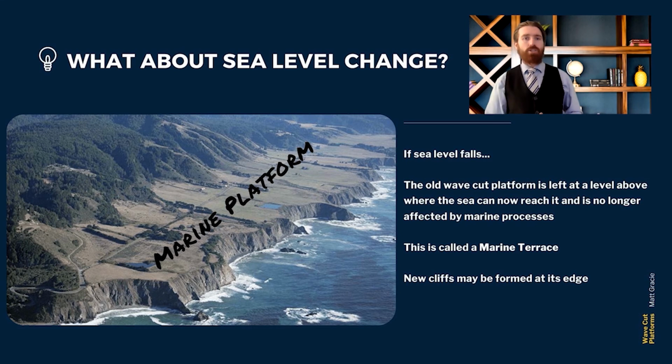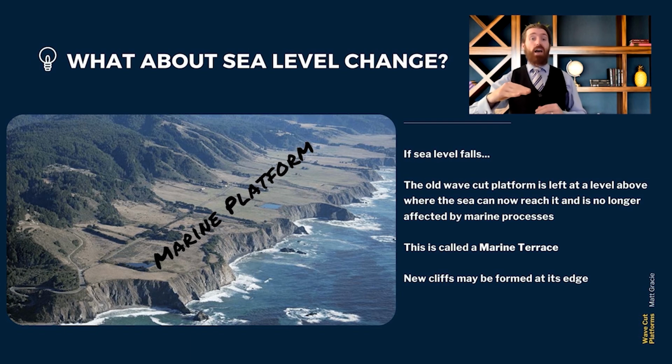But in some parts of the world, we've seen something called isostatic readjustment, where land previously covered by glaciers has rebounded and risen up. And there are other reasons that sea level might fall as well, something you might want to investigate further. And when this happens, we get images like this one in California, where the old wave-cut platform is now a number of meters above the height of sea level because sea level has fallen.